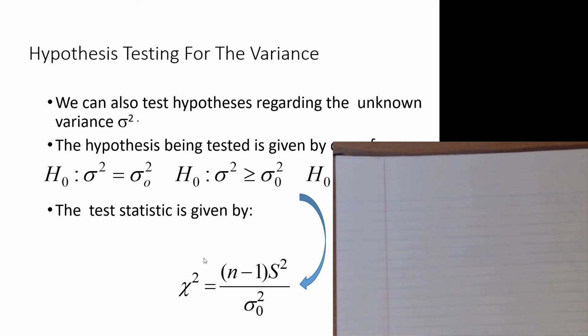In step 3, we have that test statistic, and that's a chi-square test statistic. It follows the same format as we discussed in the previous unit. It's just that now we start thinking, well, what could the population variance be? We don't know what it is.